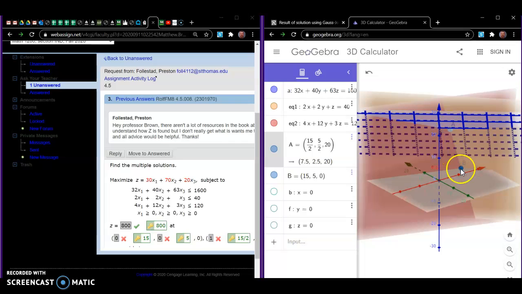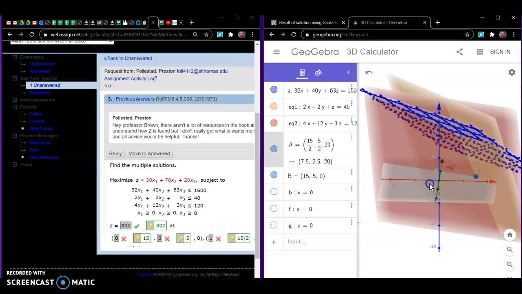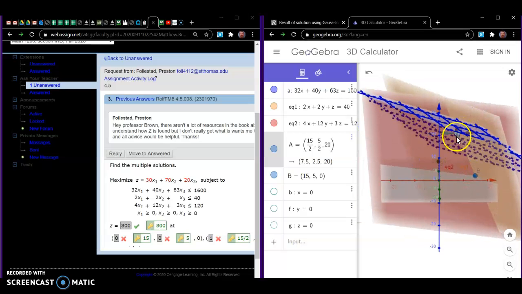This one down here is whenever you plug in the z value to be 0, so the x3 value is 0. And then these two values are from the x and y. So they essentially become boundary points where these three planes cross each other. This point is where all three planes cross each other. So that's where we get this solution.